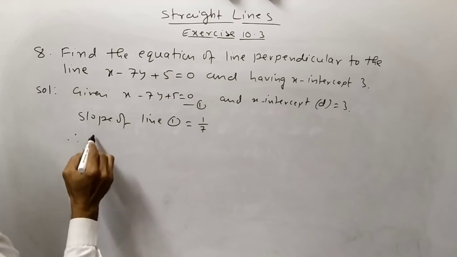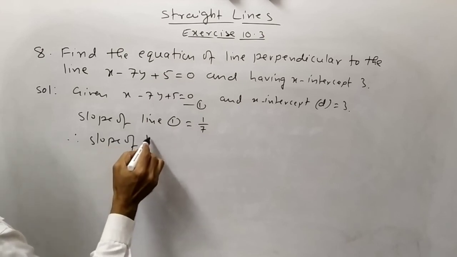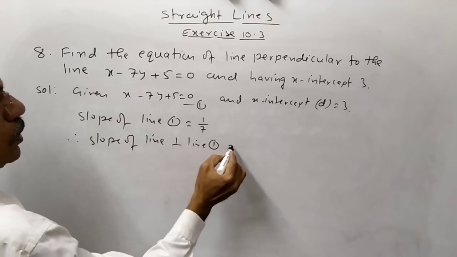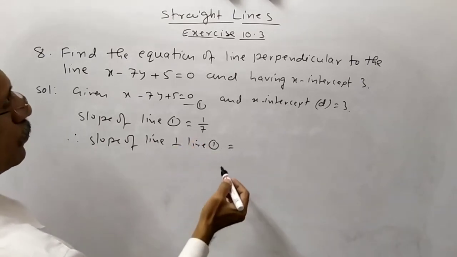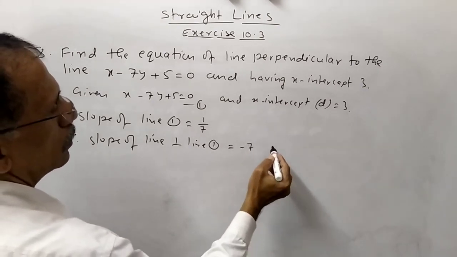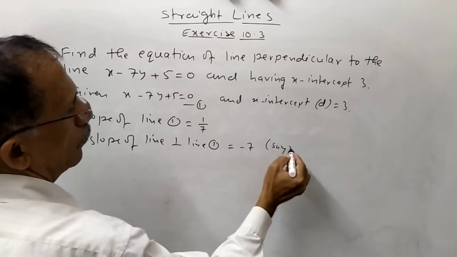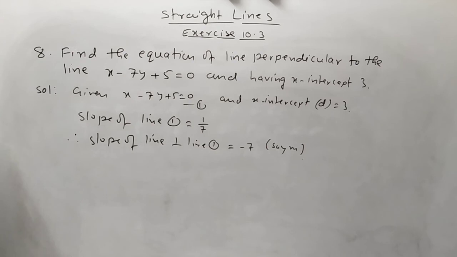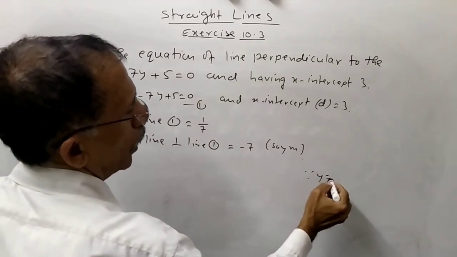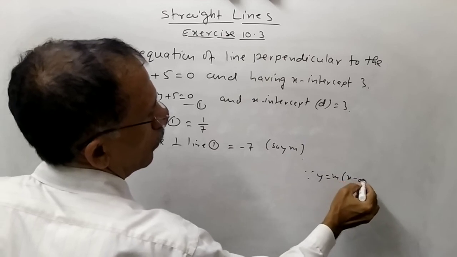Therefore slope of line perpendicular to line 1 is equal to minus reciprocal of this slope, that is minus 7. Say m. What is the equation of line when slope is given and x-intercept is given? That is y is equal to m into x minus d.